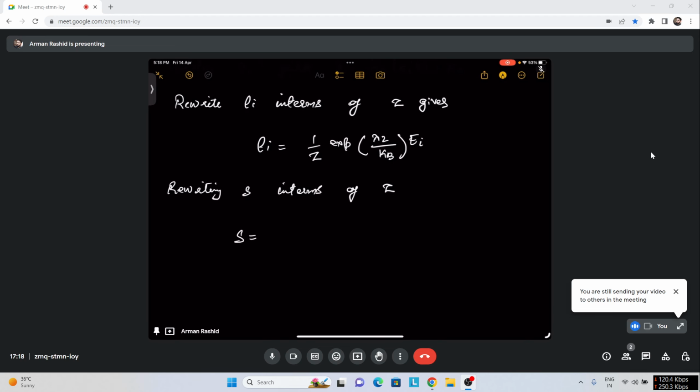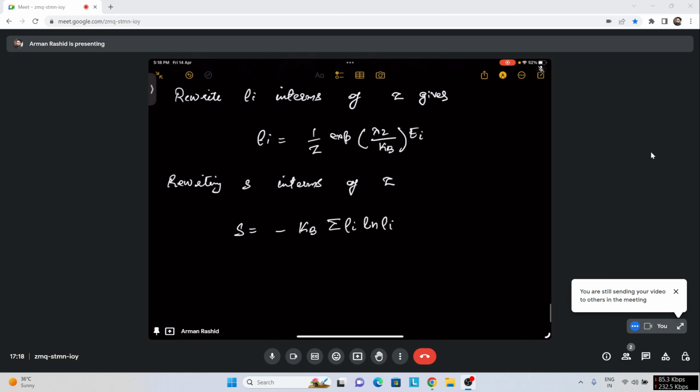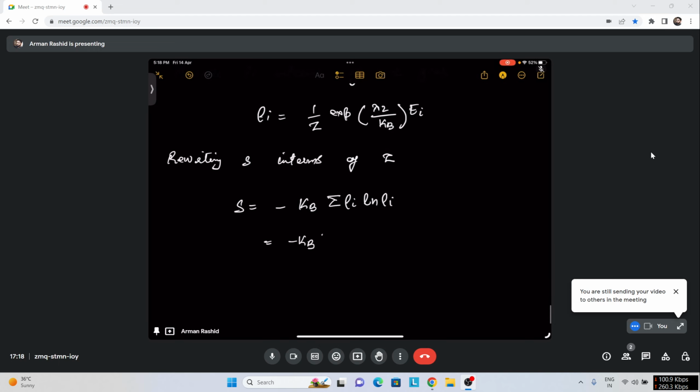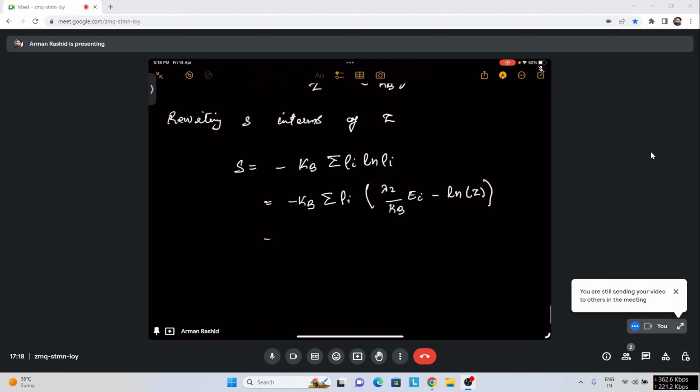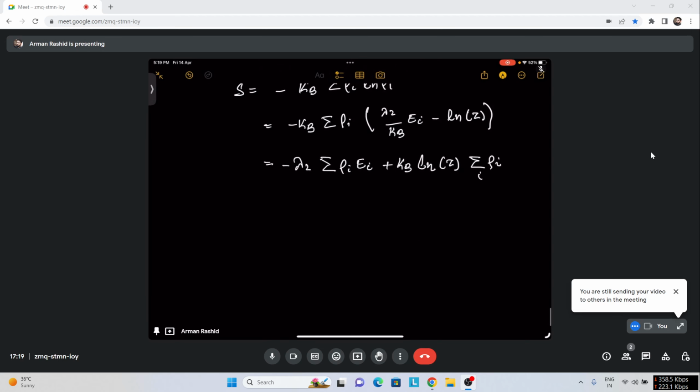So s is equivalent to minus kb summation over rho I ln of rho I, that will be given by minus kb summation over rho I lambda 2 by kb ei minus ln of z, that is given by lambda 2 summation over rho I ei plus kb ln of z summation over rho I. Okay, that tells us lambda 2 u plus kb ln of z.